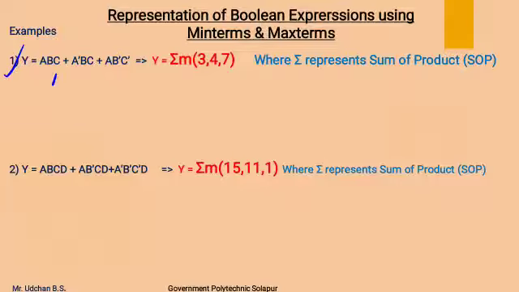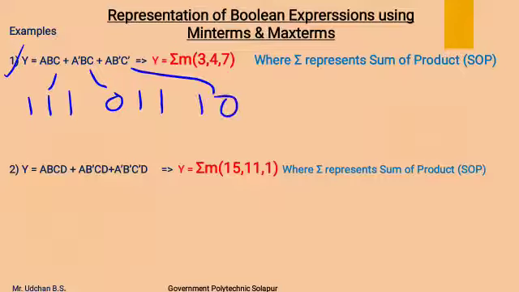For this we will get 1 1 1. For this product term we can write a bar 0, b 1, c 1. For this term we can write a 1, b bar 0, c bar 0.